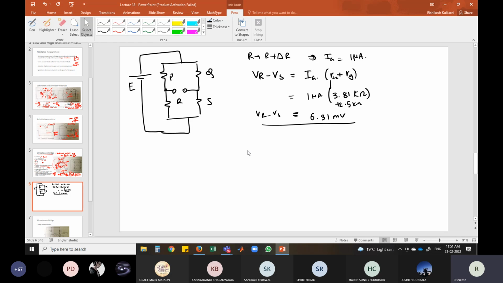So what was the previous VR value? R by R plus P into E. Can you calculate it?